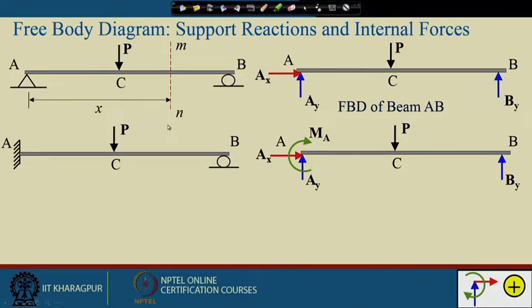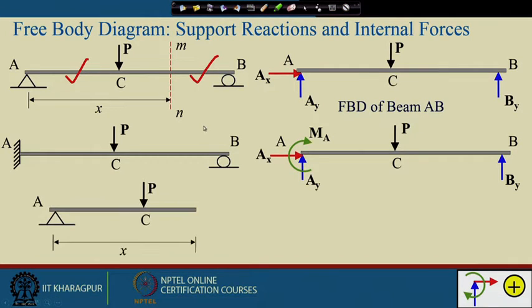Okay. Now, similarly, if I take a section here, section Mn, and I have to draw the free body diagram, we make this section and cut the entire structure into two parts, one is this part, another one is this part. The free body diagram of these two will be: these are the support reactions, and then these are internal forces.